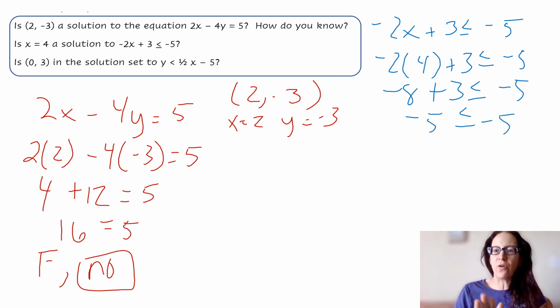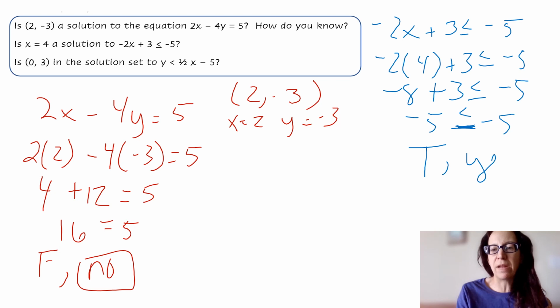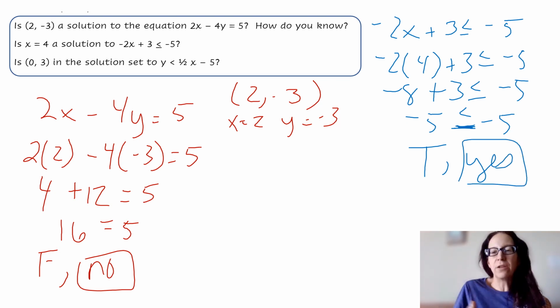Now, it's important to know how inequalities work. -5 is not less than -5. A number can't be less than itself, but it can be equal to itself. And that's the piece of this that this particular value satisfies. So that is a true statement, and your answer to the question would be yes. But the reason, again, how do you know, is because it makes the inequality true.